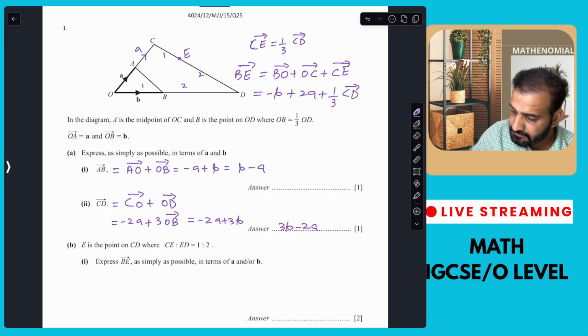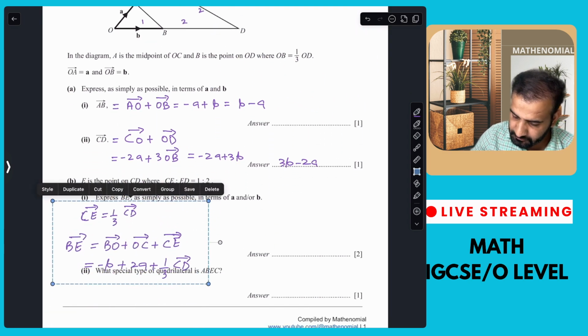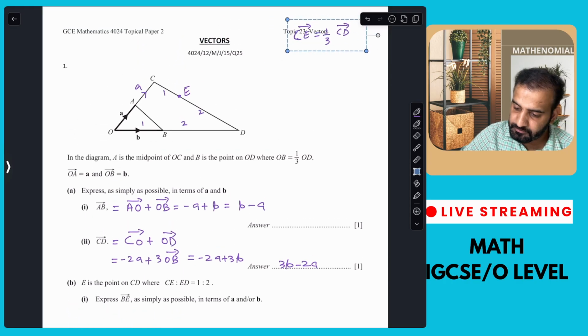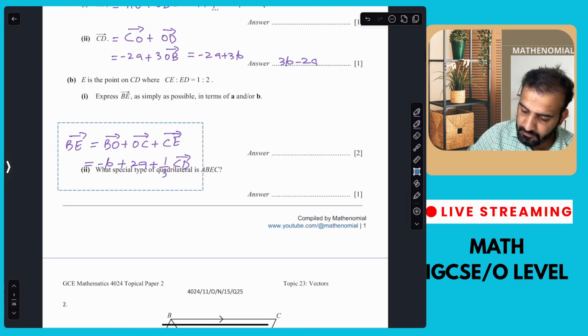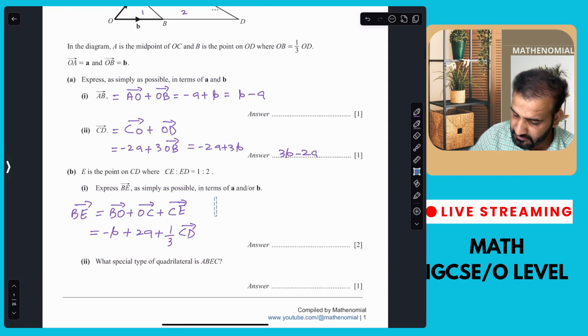Write the value of that CD here. It is minus b plus 2a plus 1/3 of CD.